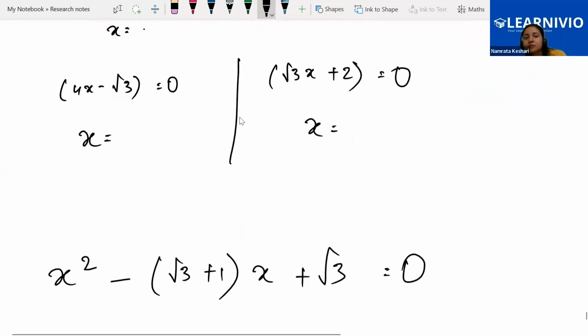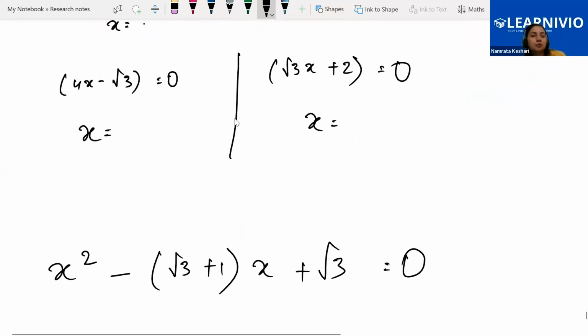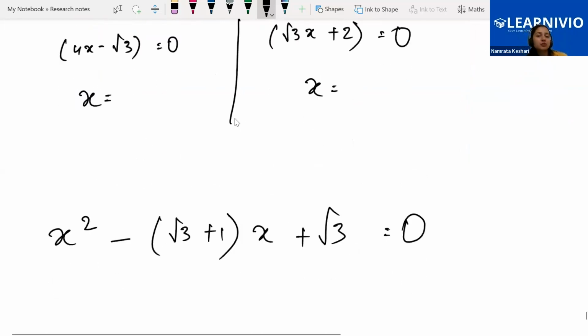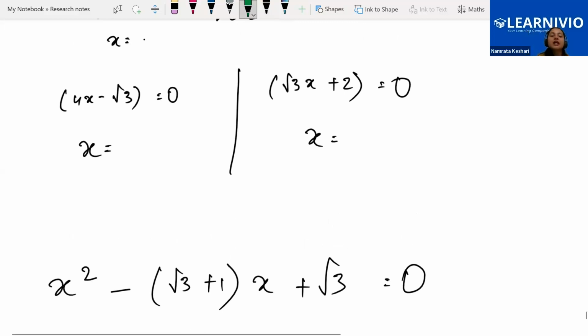Here also we have to find the x value. Maybe a hint I can add here, that maybe splitting is already done. Maybe you have to check that. Please check that and factorize it and tell me what are the x values. Meanwhile Abdul, please tell me what are the x values.